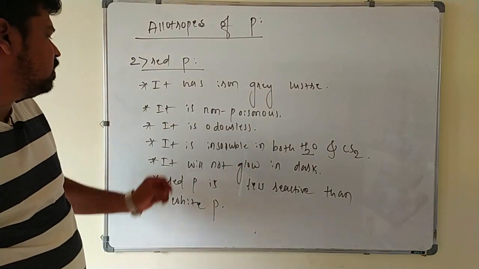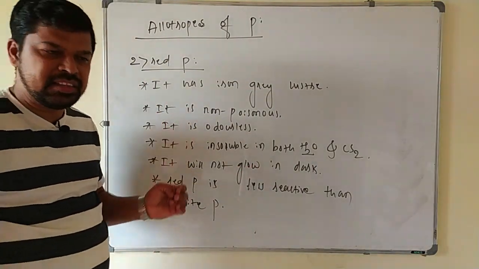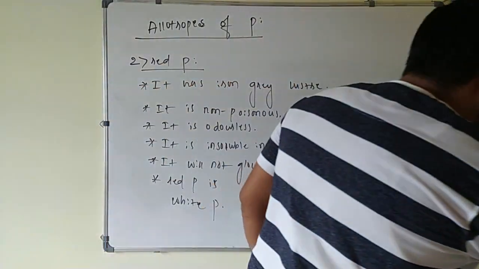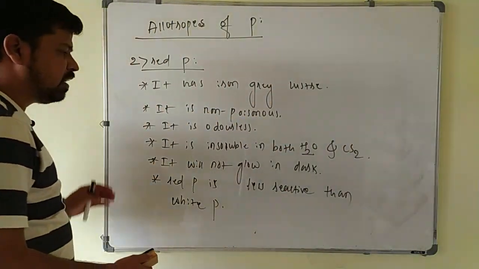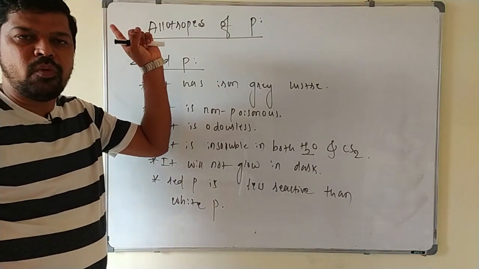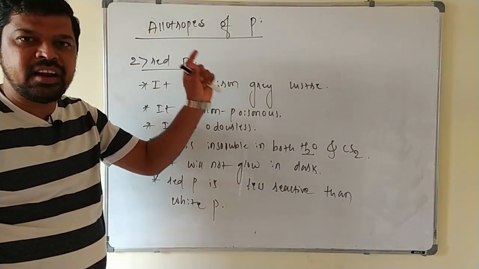Okay. Next, another important point is it exists as a polymeric chain of P4 molecules. It has a polymeric structure, whereas white phosphorus has a discrete tetrahedral structure.